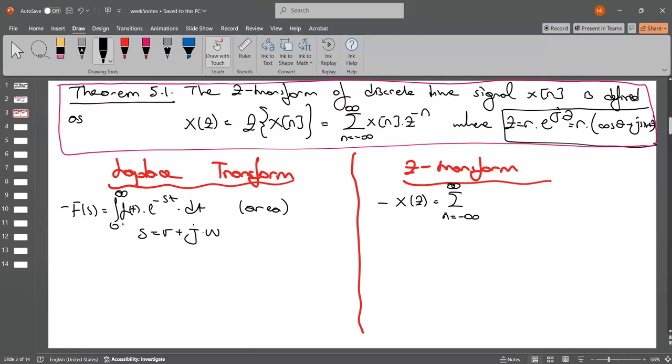Why do we use the 0 value in here? Just think about it. This is time. Yes, we don't have negative time, right? And so we don't have n equals to minus infinity.